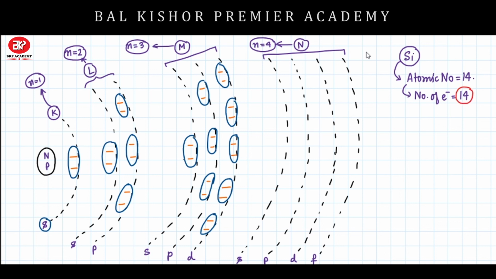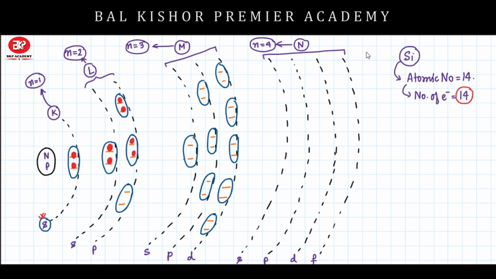So in the S subcell of the first energy level, there can be two electrons maximum. This is the first electron, second electron. Next, in this S subcell of the second energy level, there will be two electrons. So there will be four electrons. The remaining electrons are 10, so the electrons can reside in the P subcell of the L energy level.